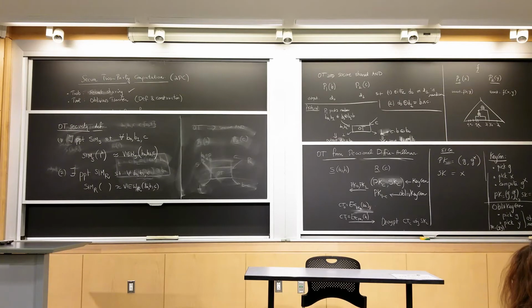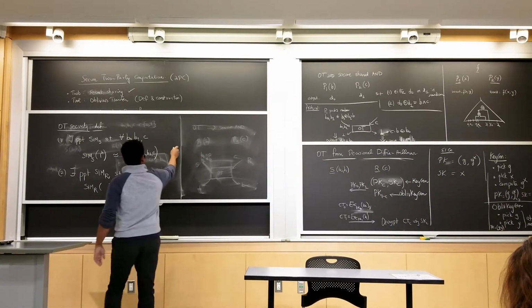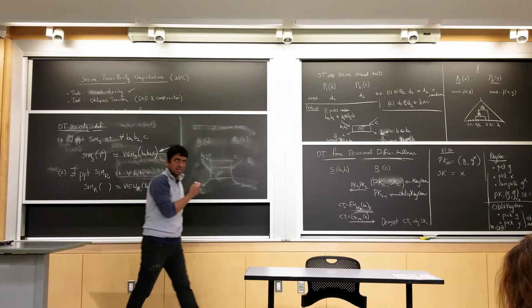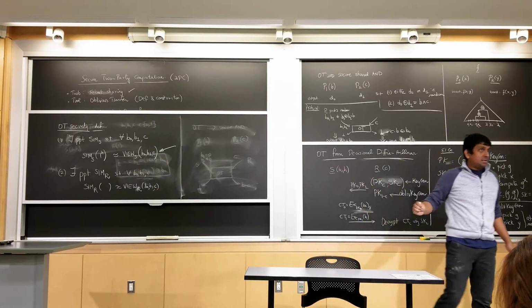So you see, what is the point of this definition? It says, look, on the right hand side, there is all the information that the party sees. In one, it is what the sender sees, which is defined to be his input, coins, messages. That's what this object is, which I'm not explicitly writing down. Same thing with the bottom.